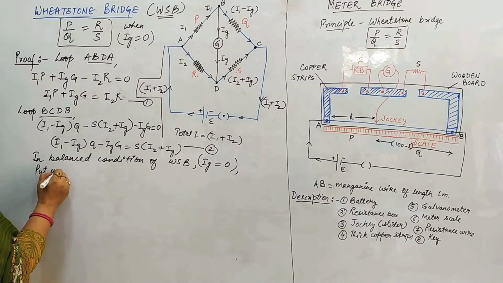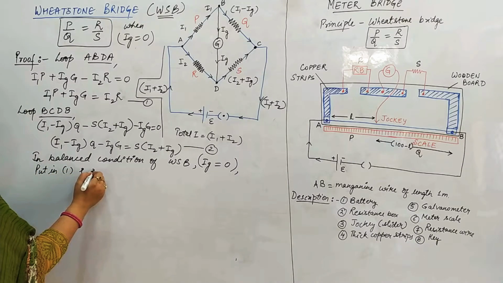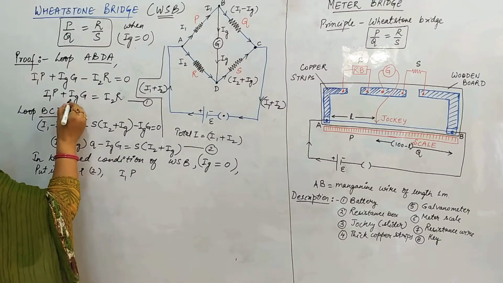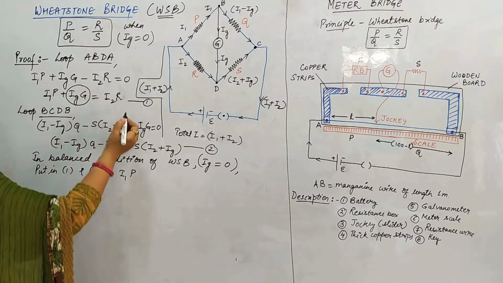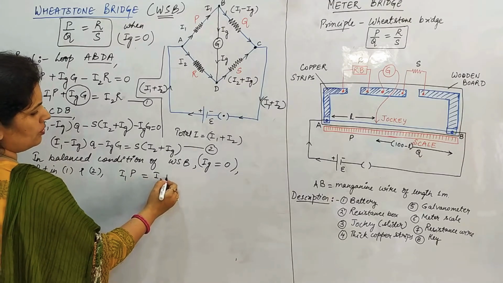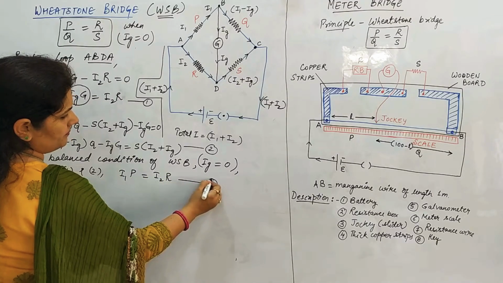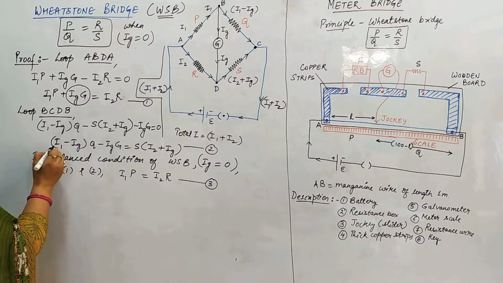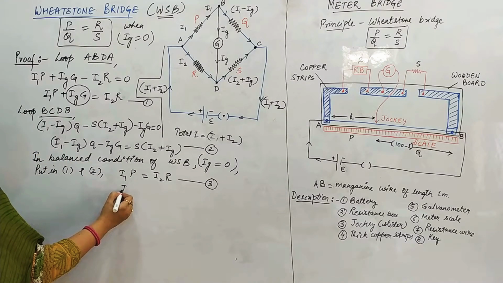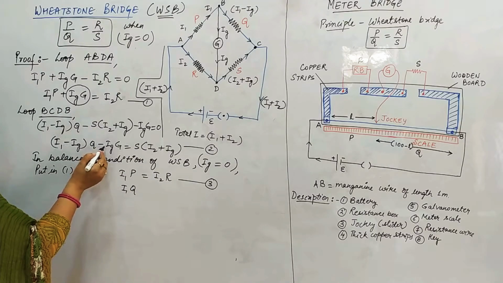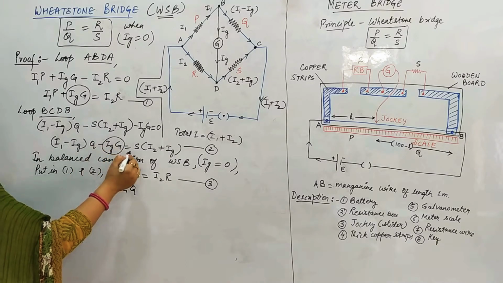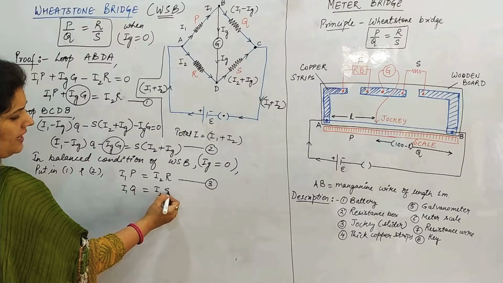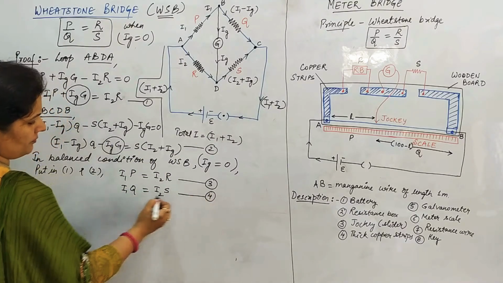What is equation 1? I1P, IgG, this whole term becomes 0. What remains is equal to I2R. Equation 3. In equation 2, put IG as 0, this becomes 0. So what remains? I1Q, the IgG term becomes 0. So what remains is I1Q equal to I2S. Equation 4.